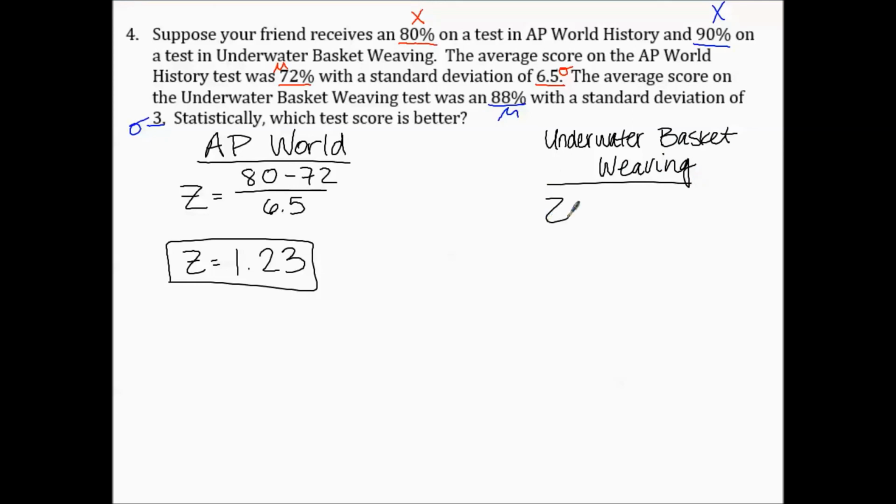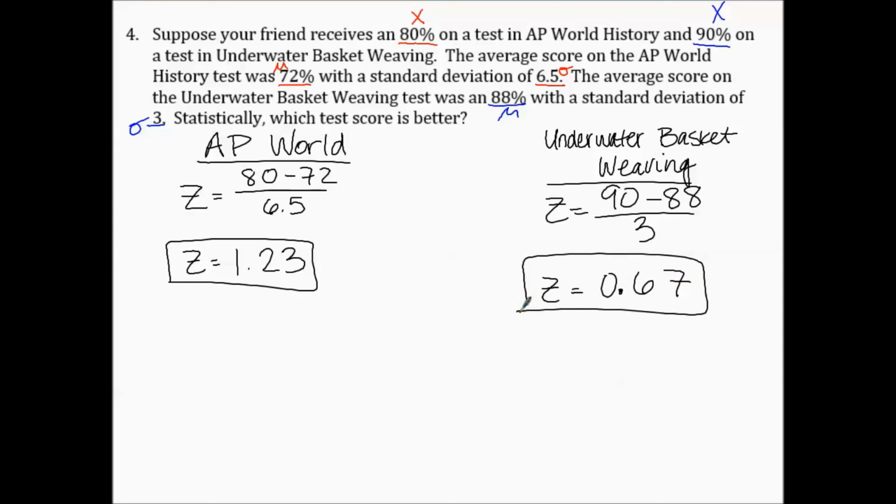So the z-score will be (90 minus 88) divided by 3. So this z-score will end up being 0.67.